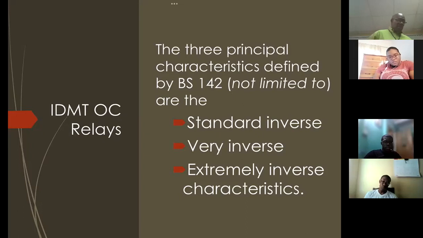As I said, it's not limited just to these 3, but these 3 are what we would say are at the forefront. So your standard inverse, very inverse, and extremely inverse.